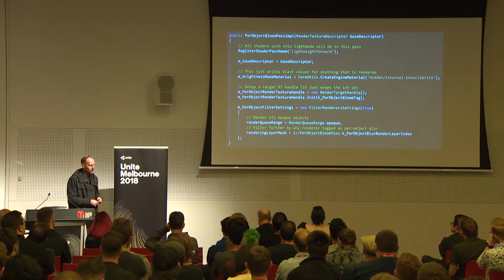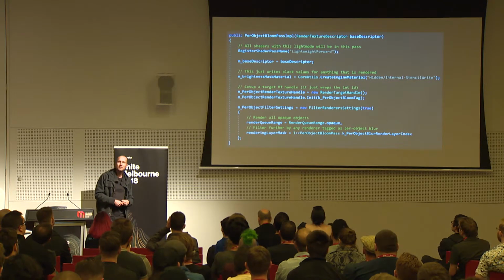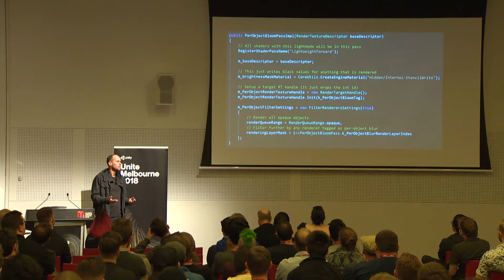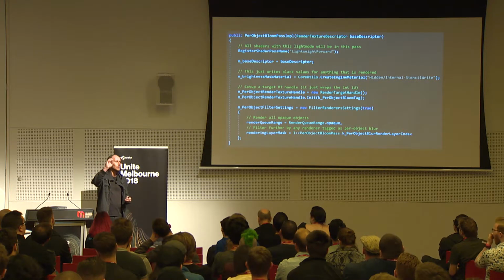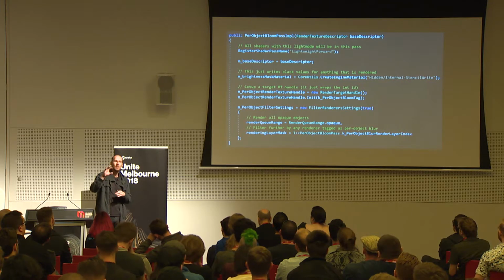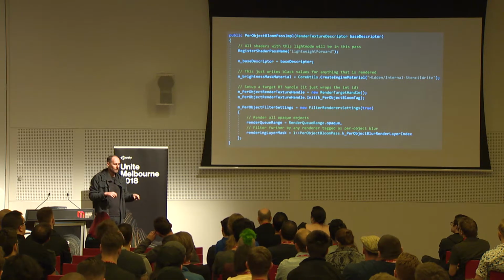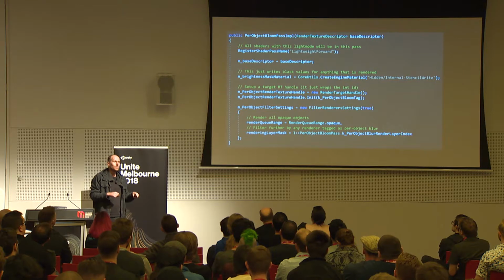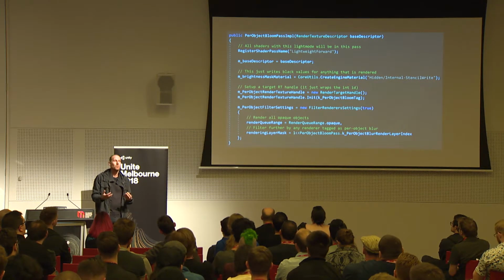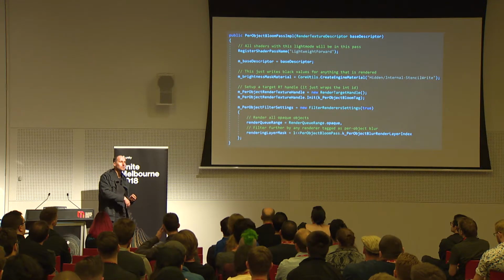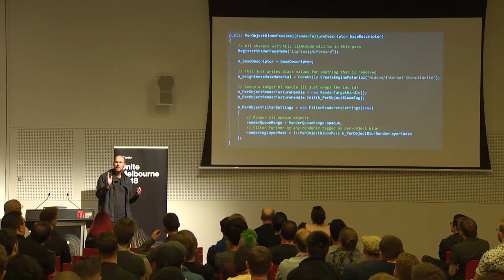One is, the first line here says register shader pass name, lightweight forward. So what I can do here is we have shader passes. I mentioned this before, like we can have a depth pass or an outline pass, also a lighting pass, all these different passes. This register pass name, I'm not creating this. I'm just saying when I render, it's almost like a filter. This is the pass I want to use. If that pass didn't exist in any shader, then nothing will get rendered.